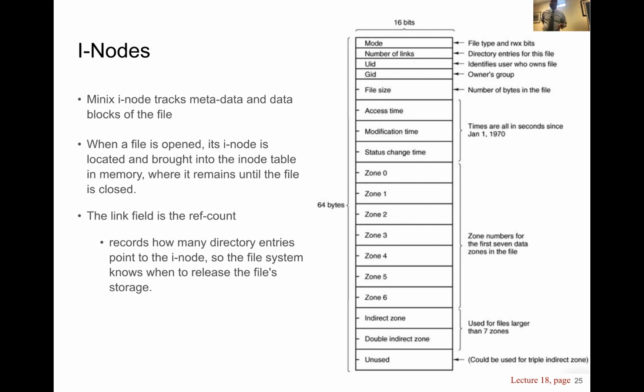Now the interesting thing you will see in this picture of an inode is that the file name is actually not included in the inode itself, because file names are kept in the directory structure. So think of a directory as a table where for each file in that directory you have a file name, and that file name points to a number that refers to the inode.